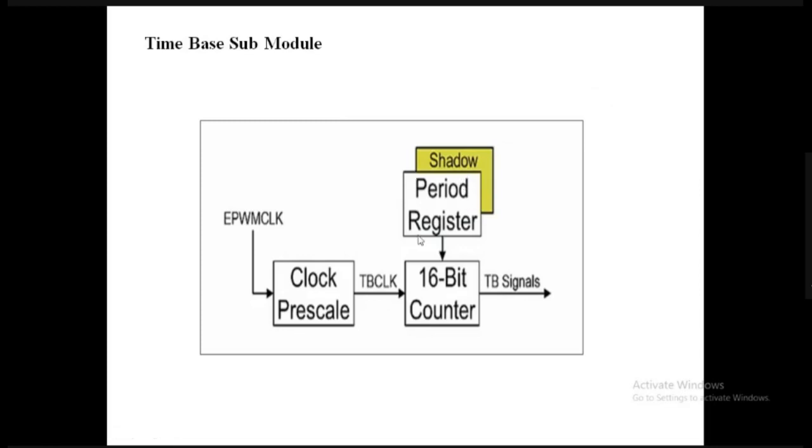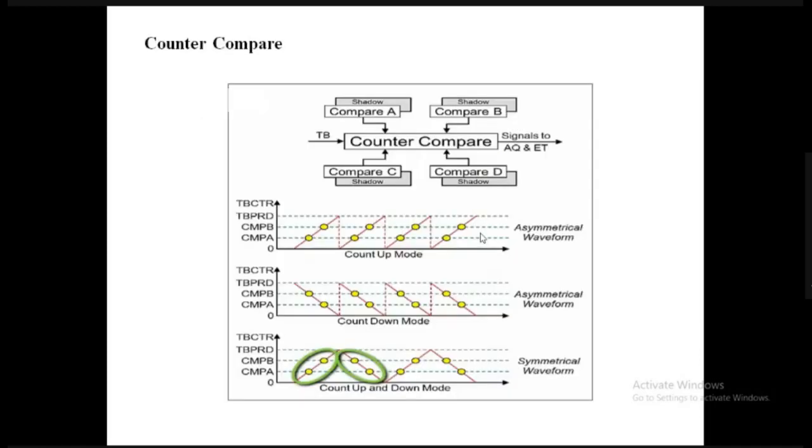Why is the shadow coming into the picture? Because there will be a certain delay between your microcontroller's main execution of the period register instruction and your main instruction. So that shadow gives you that backup delay. That shadow register will store the value of that period register. So that is the use of the shadow register.